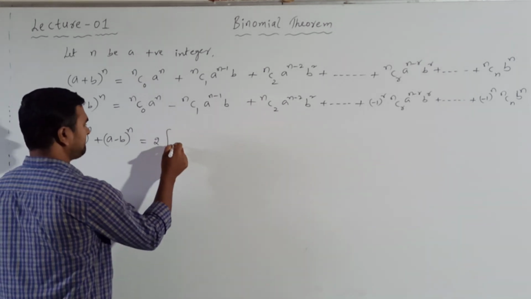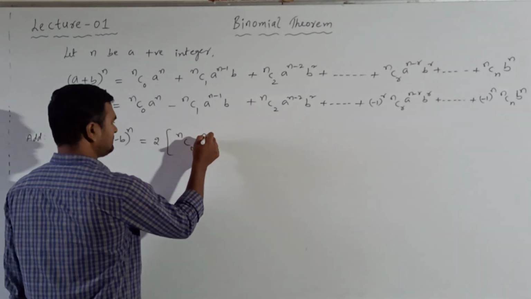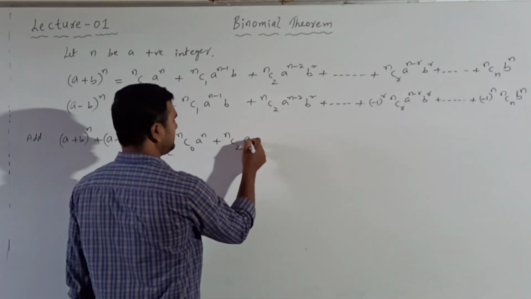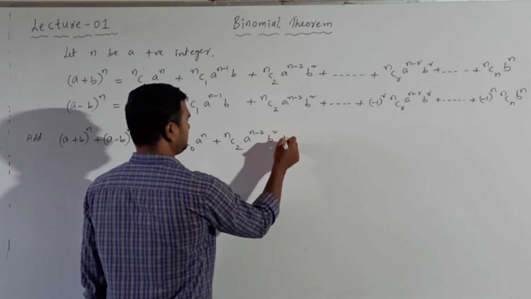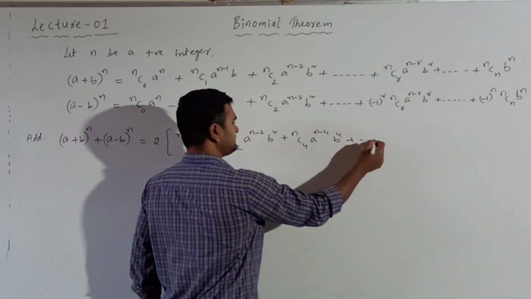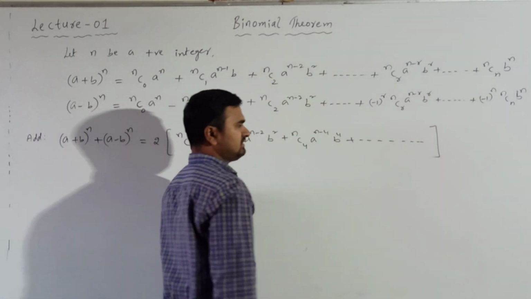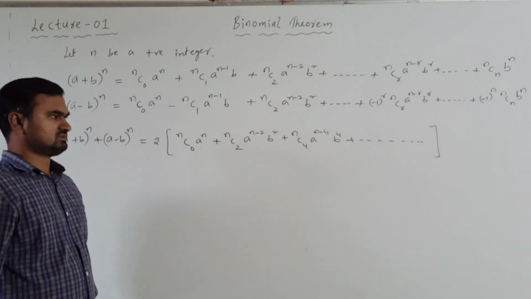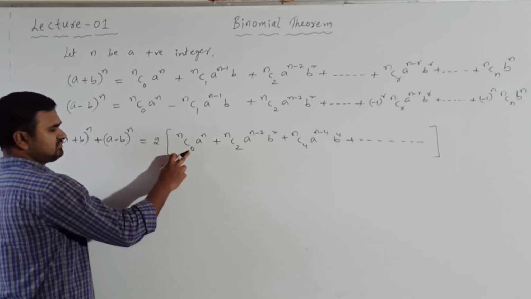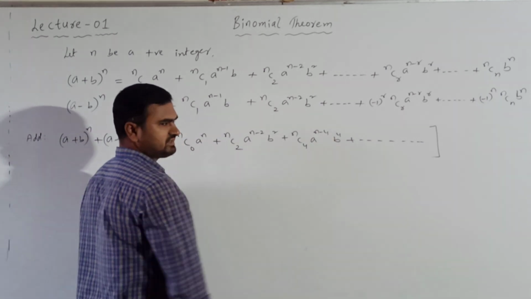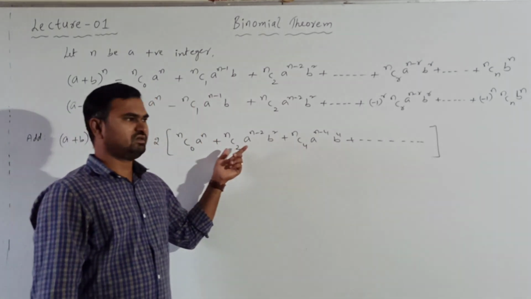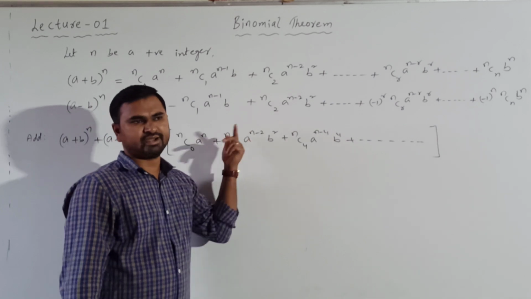Taking 2 common, it will be nC0 a power n plus nC2 a power n minus 2 b square, next nC4 a power n minus 4 b power 4 and so on. Depending on n, we'll get the last term. So this is when we add. If we are adding, you can observe which type of binomial coefficients we are getting: the even binomial coefficients.